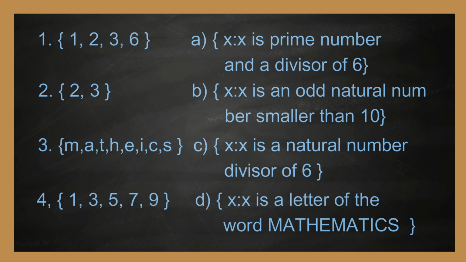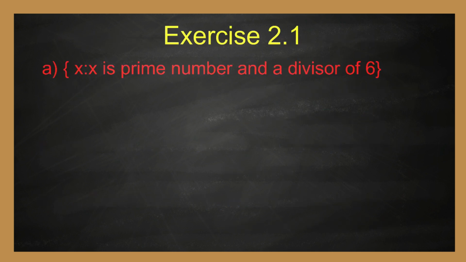First, convert the right hand side set builder form into roster form to get the answer. The first, A. X such that x is a prime number and a divisor of 6.